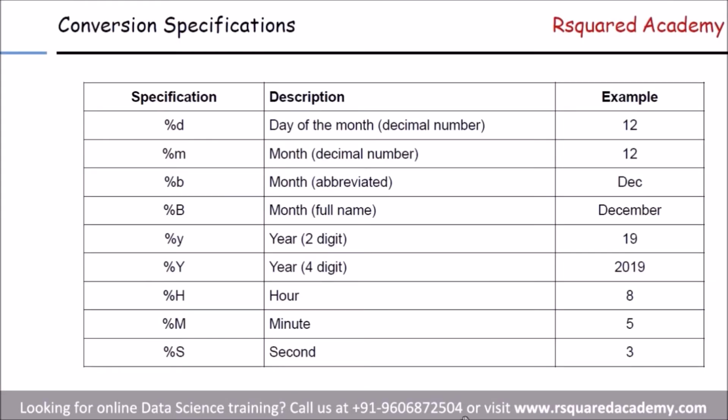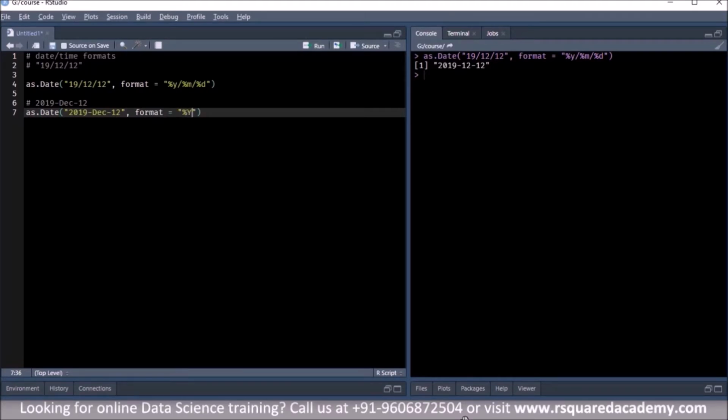So let's go back to the slide. When the year has 4 digits, you use percentage followed by capital letter Y to represent the year. Now in the previous case, the year, the month and the day were separated by a slash, right? But in this case it is separated by a dash instead of a slash.